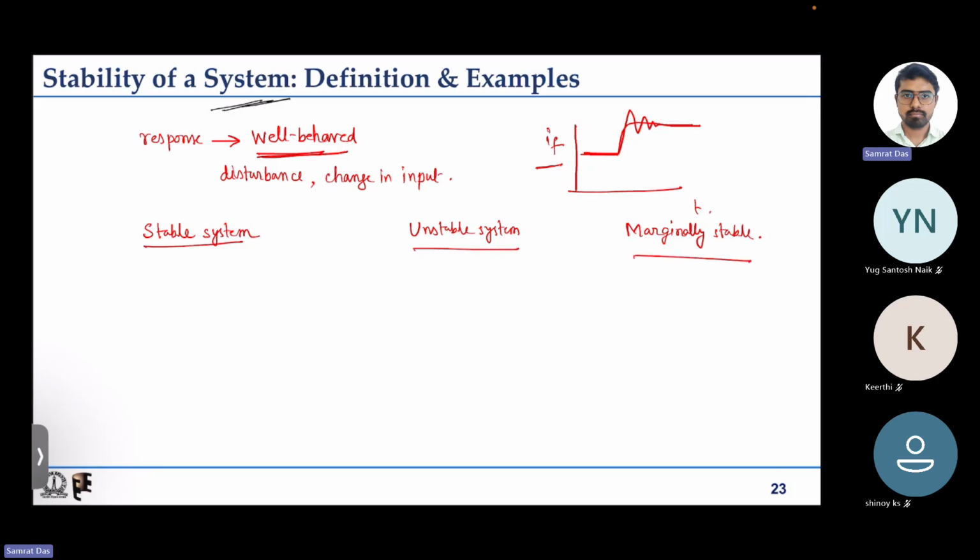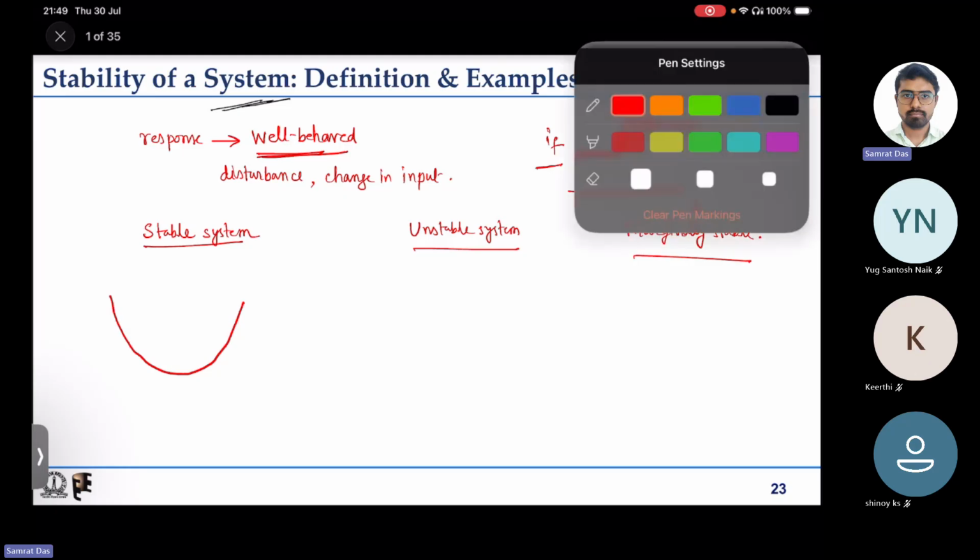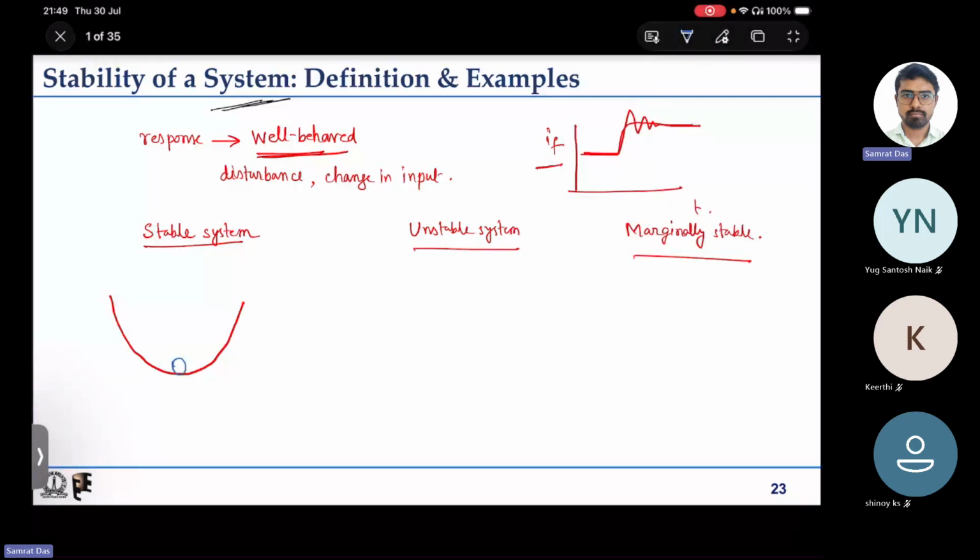A stable system is like, say you have a U-shaped wall and you have a ball, and in steady state, after all disturbances are gone, the ball lies at this location. Now if you give a small disturbance to the ball, like you push it on one of the sides, what will happen?